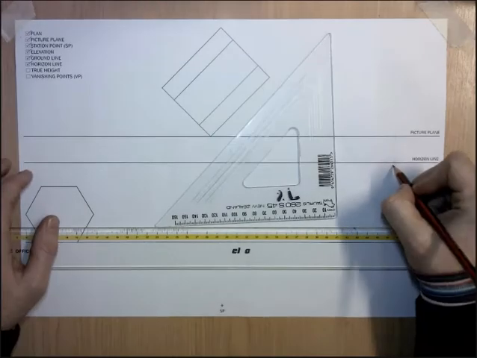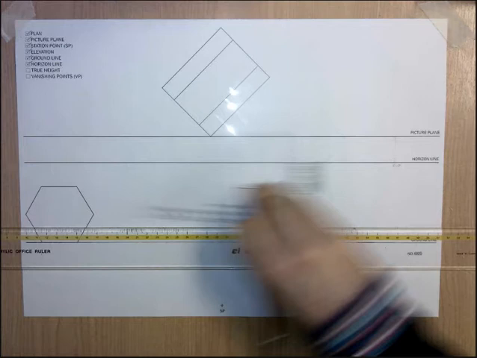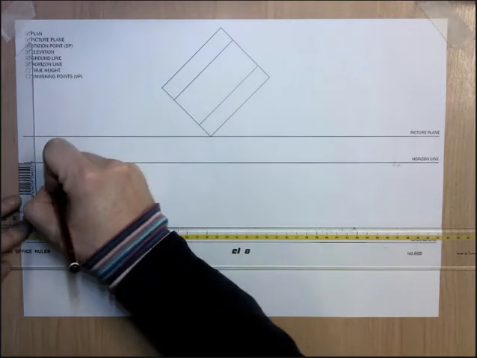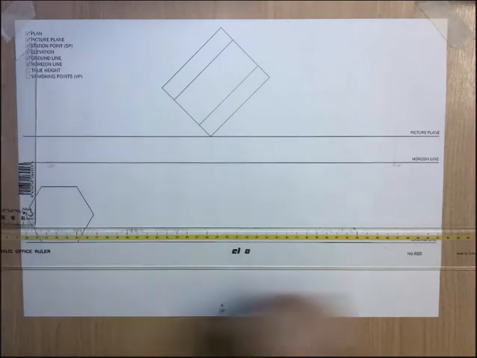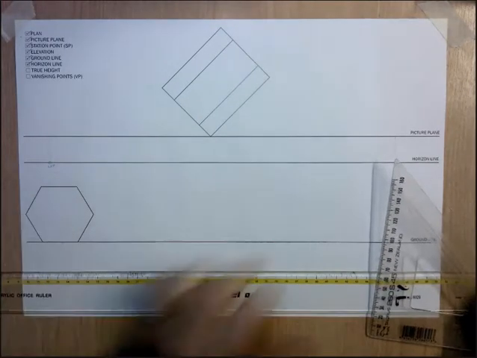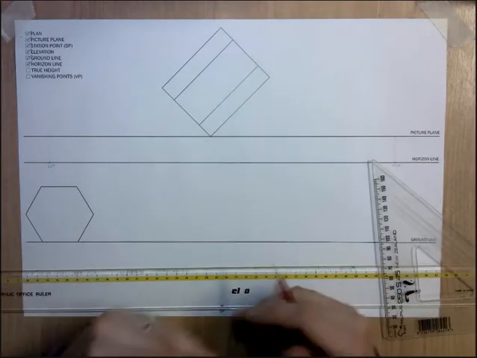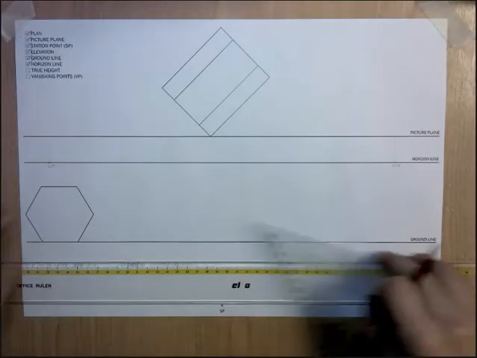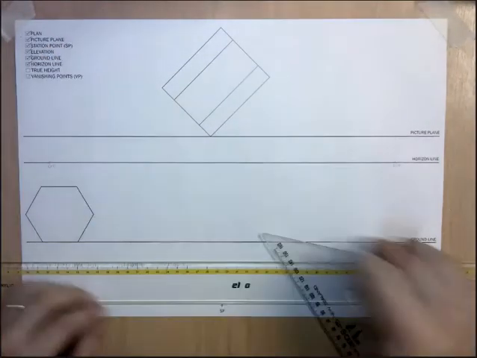So there we have our right vanishing point, and over here our left vanishing point. You see, this might be a quick demonstration, but with each drawing we do, we're going up a level of difficulty.